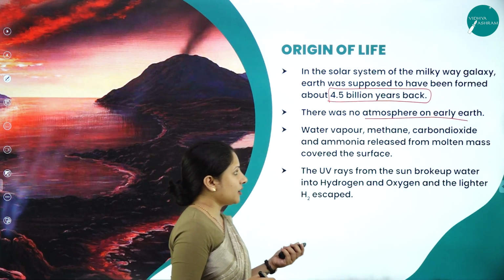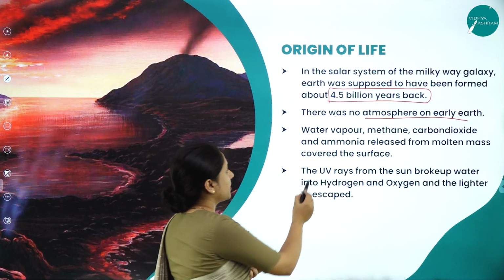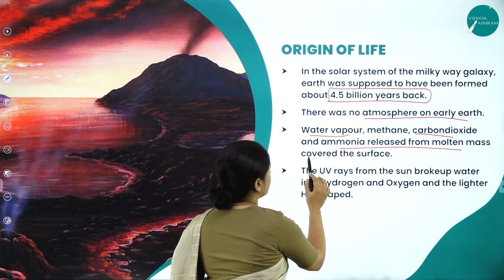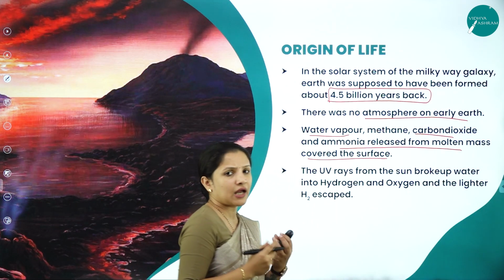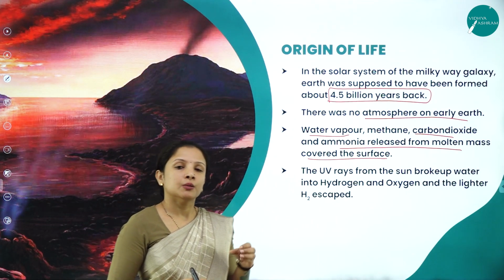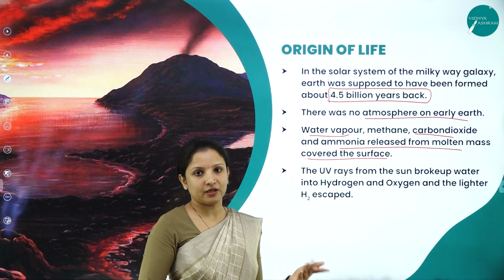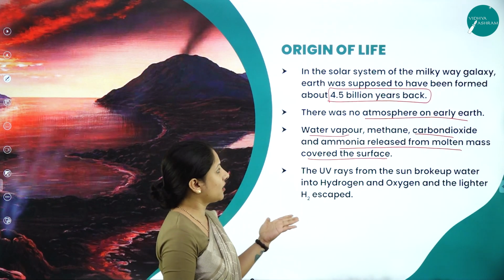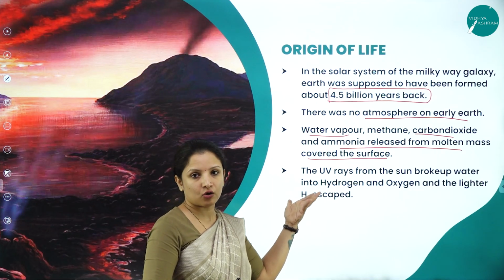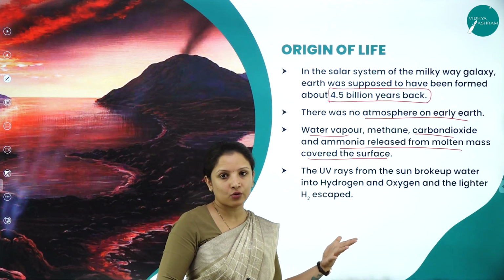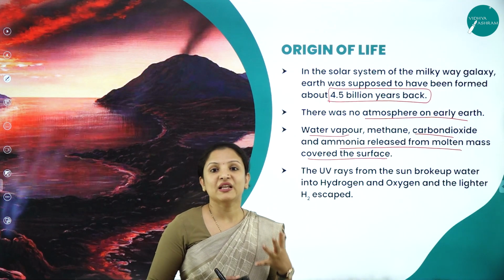Water vapor, methane, carbon dioxide and ammonia got released from the molten mass which covered the surface. That Earth, way back before the existence of human beings, during the prehistoric era or the dinosaur era, about 4.5 billion years ago, was very hot.